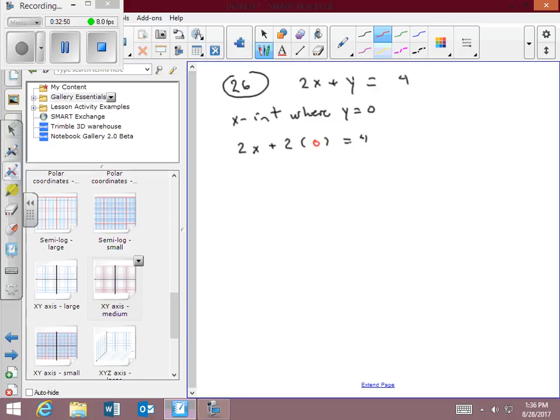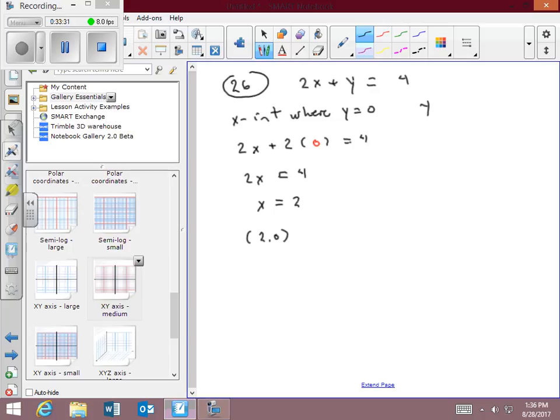So I substitute, 2x, and then 2 times 0 is 0. So this is plus 0, so this is just going to be 4. And then I take 1/2 of both sides, or divide both sides by 2. X equals 2. And I found my x-intercept. What is my x-intercept? Ordered pair? 2, 0. A little bit easier, right? A little bit easier, has a risk to it, because we're only going to plot 2 points rather than 3.